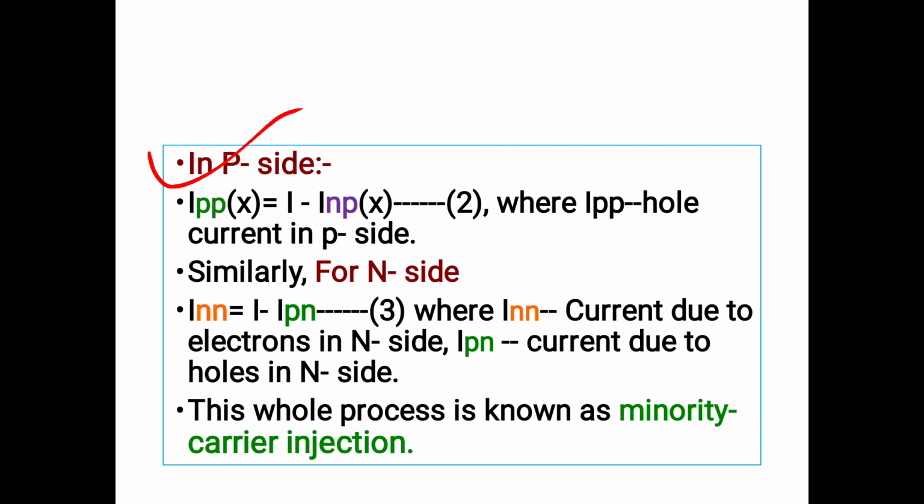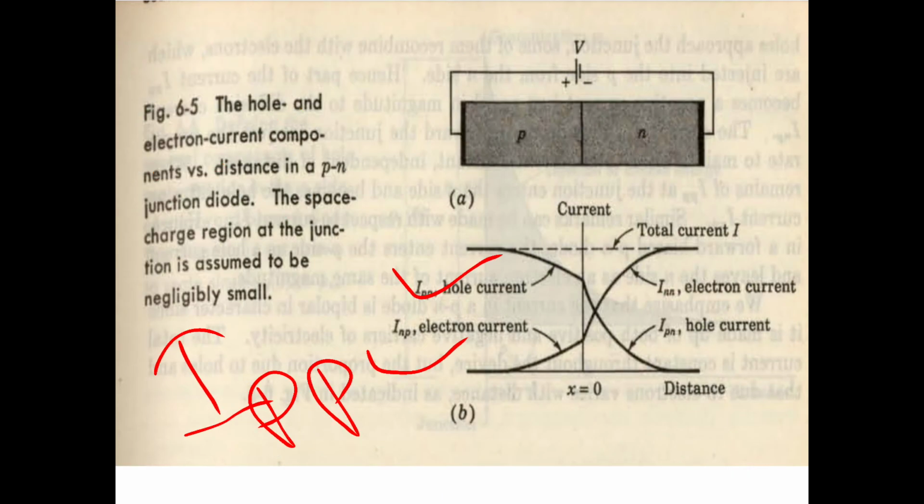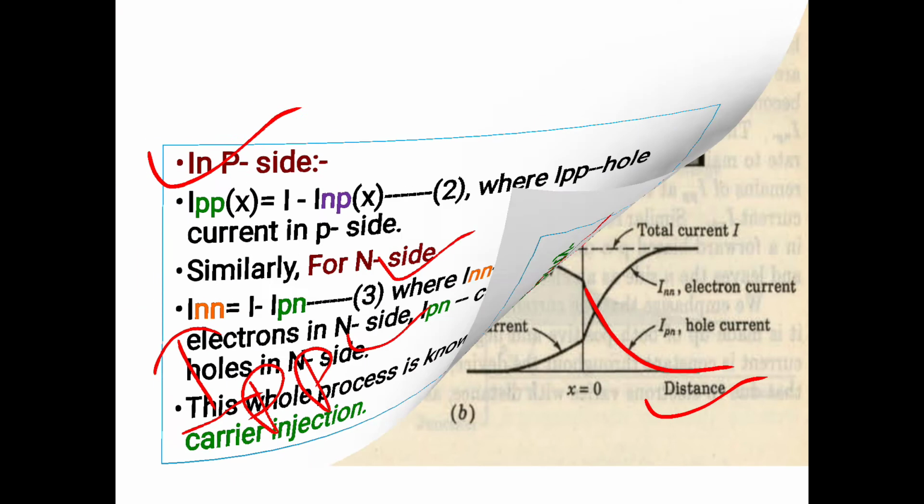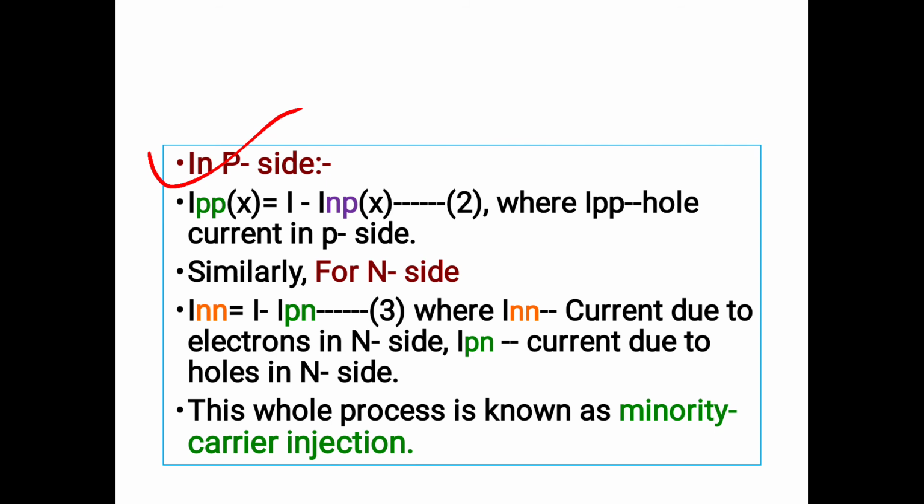As the distance increases, the current decreases, and the magnitude of this IPP current will be equal to the current due to electrons in the P side. The direction of this current will be opposite to INP. You can see this from the figure and from this equation.